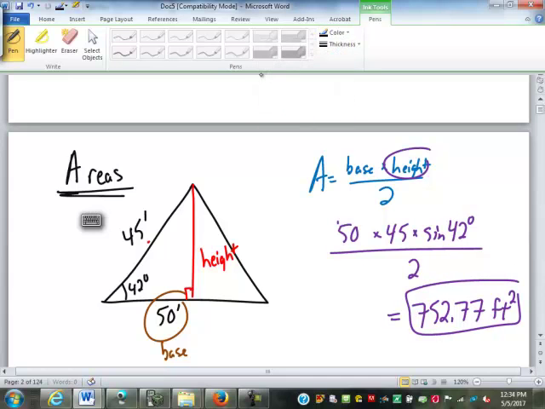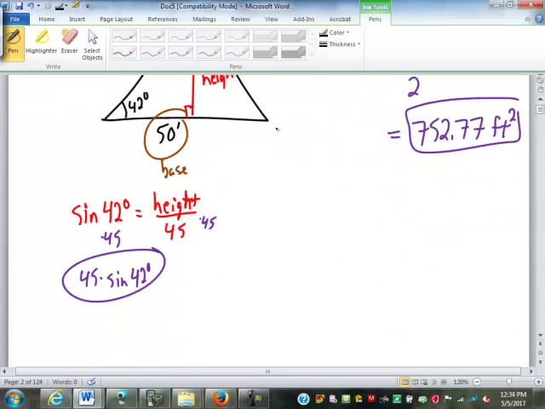So what this does for us is it actually gives us a generic formula for area.